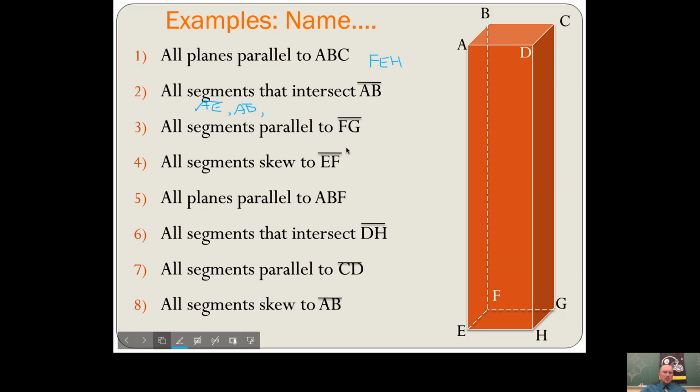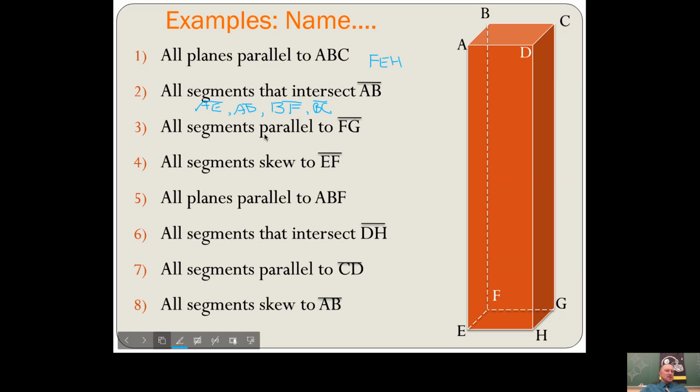Same thing with segment BF, and segment BC. Segments intersect if they share one of those letters.